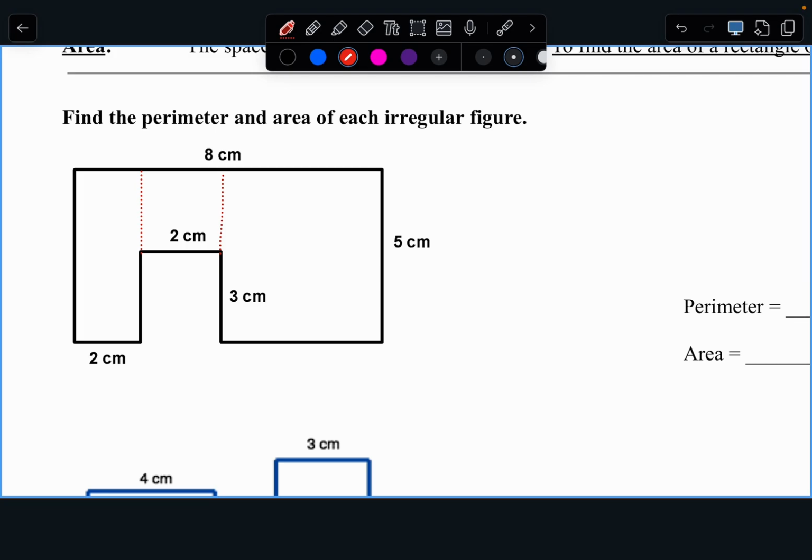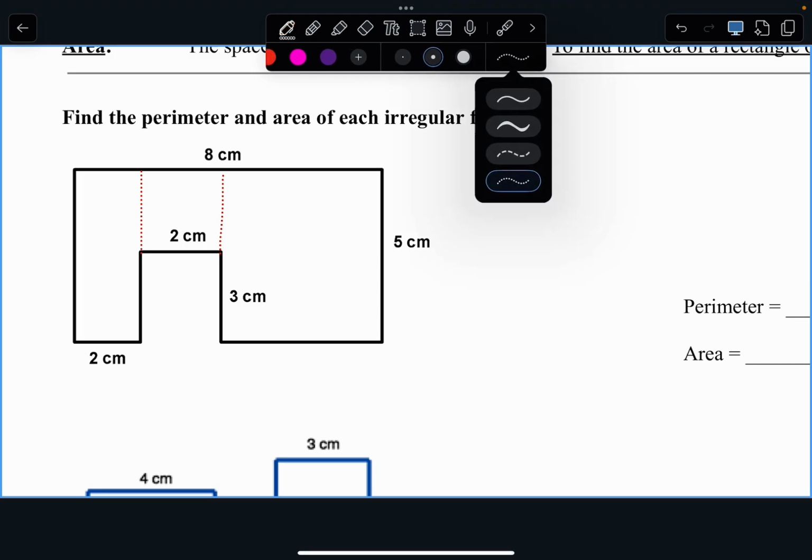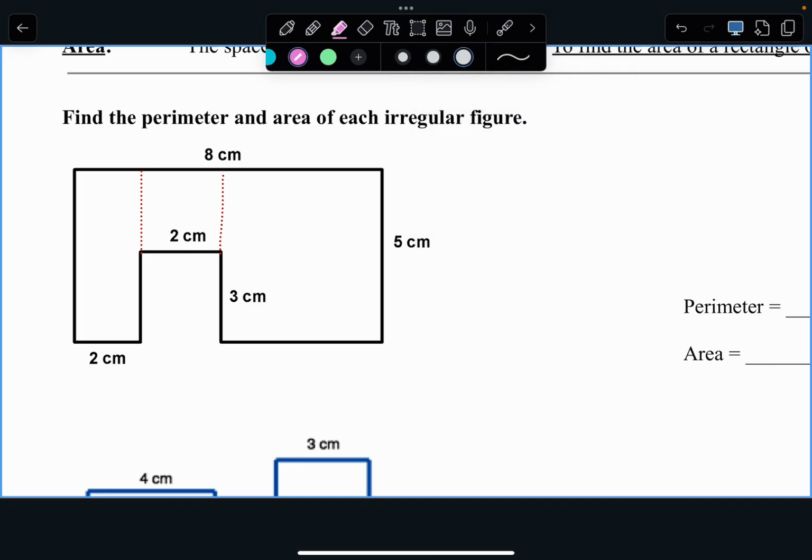So if this total distance across the top is 8, then this segment plus this segment plus this segment has to equal 8. Do you see how I get that? That top segment is 8, so each of the pieces below added together has to be 8.